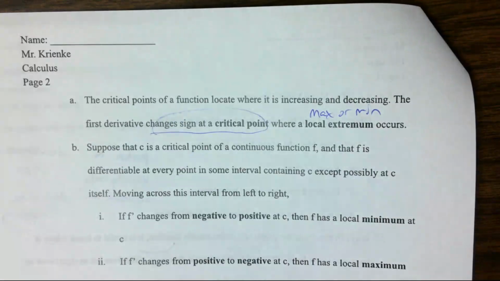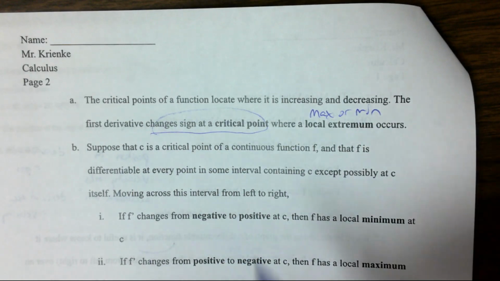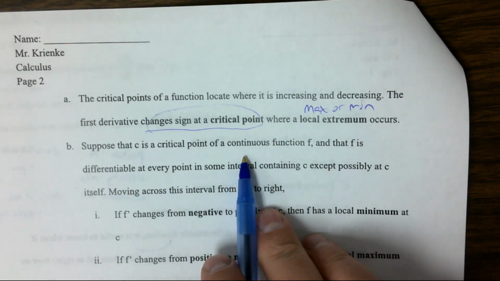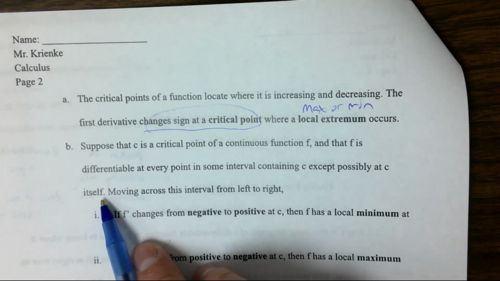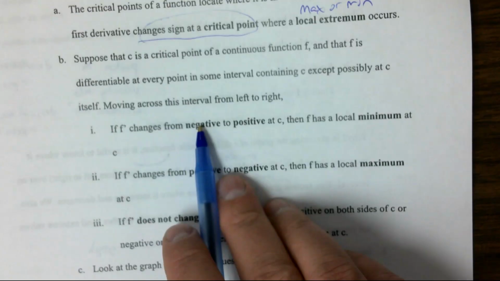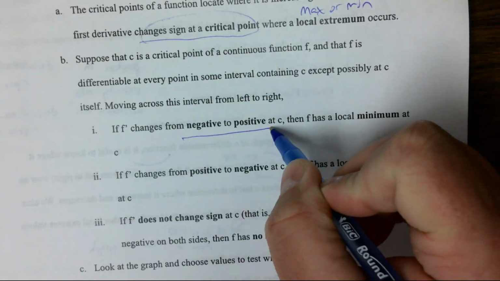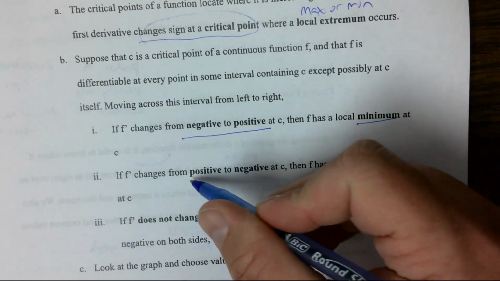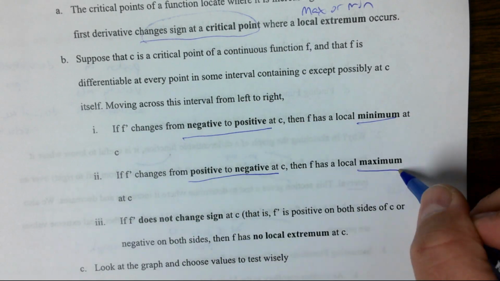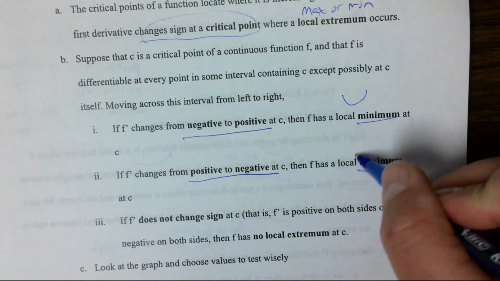So suppose C is a critical point of a continuous function and that f is differentiable at every point except possibly at C itself. Moving from left to right, if it goes from negative to positive at that point, then it's a minimum. And if it's positive to negative, it's a max. So those look like that in general.